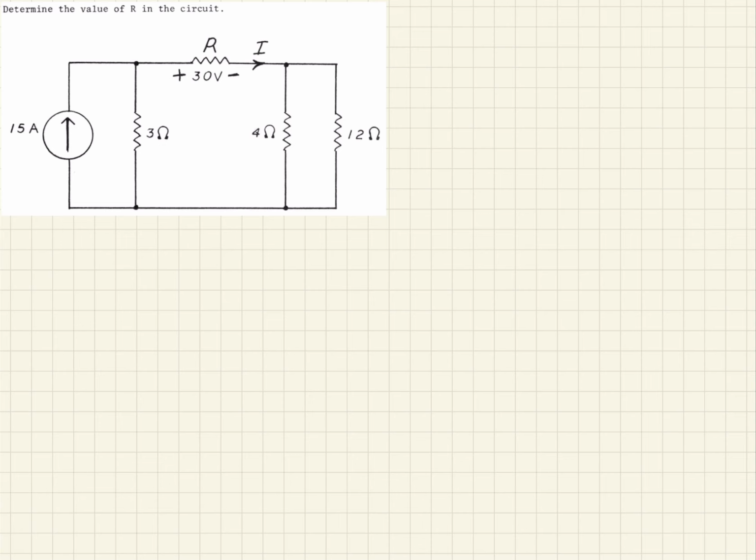So the first thing we want to notice is we have these two resistors here in parallel. So we can simplify this then by reducing those. So we see that we have 4 in parallel with 12. And so that would give us 4 times 12 over 4 plus 12. And when we work that out, it should be 3 ohms.